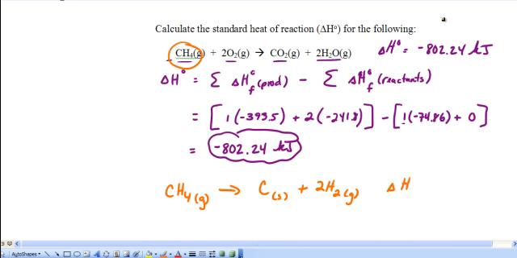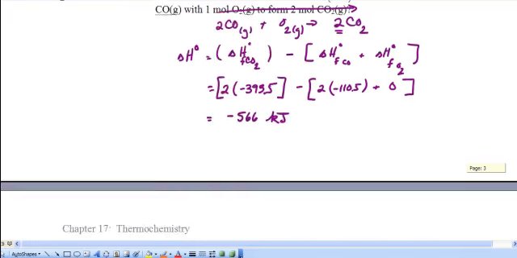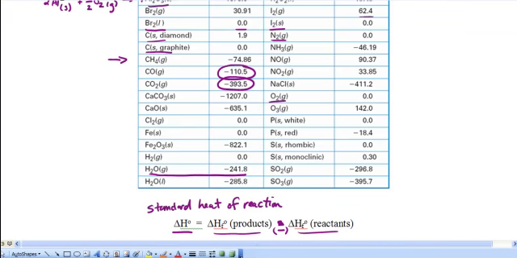The delta H for this reaction is going to be a positive 74.86. Now why is it going to be a positive value? Because when you reverse the reaction, the sign reverses. So the actual standard enthalpy of formation is a negative, and if this thing is actually a negative, when you write it in the reverse, it becomes a positive.